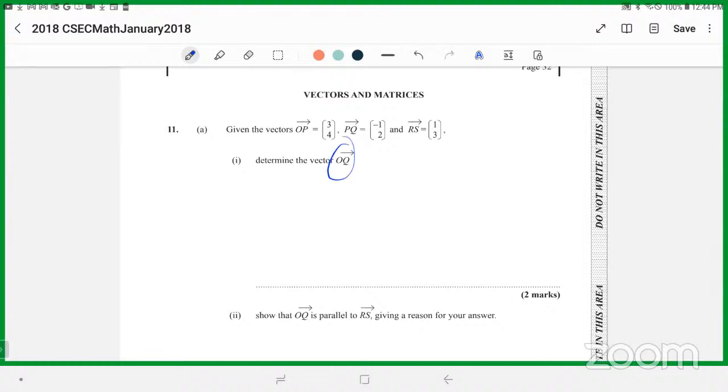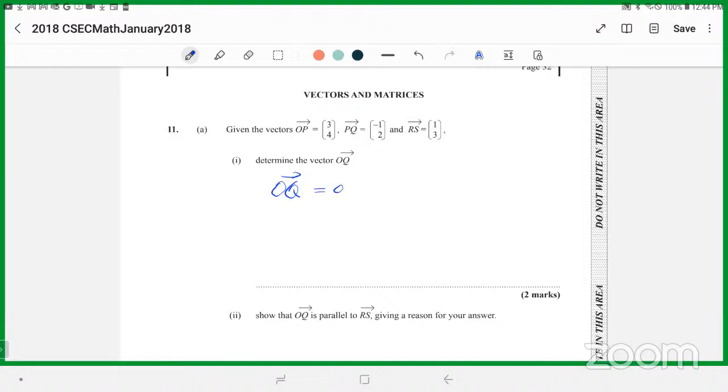To get the OQ, we can split it and get it, you know. We can look at it another way. If you want to go from O to Q, you can say, okay, I can use these two vectors. This one takes me from O to P, and then this one takes me from P to Q. So I can go from O to Q by adding. Let's write it out.